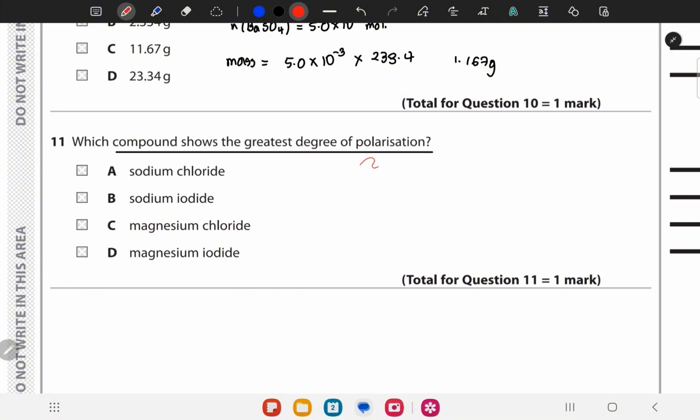So the conditions of polarization are, for the cation, smaller the cation, greater the charge of the cation, the greater its polarizing power. So that's the greater polarizing power.